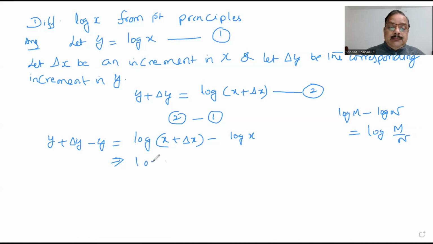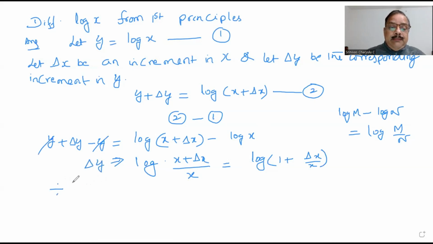So this will become log of x plus delta x by x. X plus delta x is called m, x is called n. So m by n, that is this. Further, we will simplify. X plus delta x by x means x by x plus delta x by x. So you can write this as 1 plus delta x by x. Close the bracket here. Y and y you cancel. You are having only delta y.